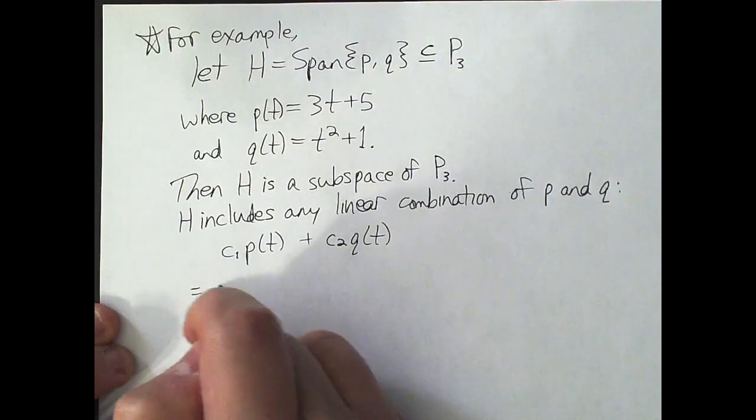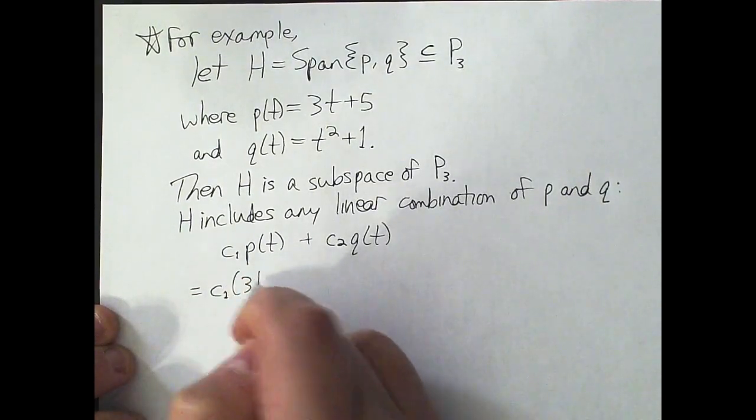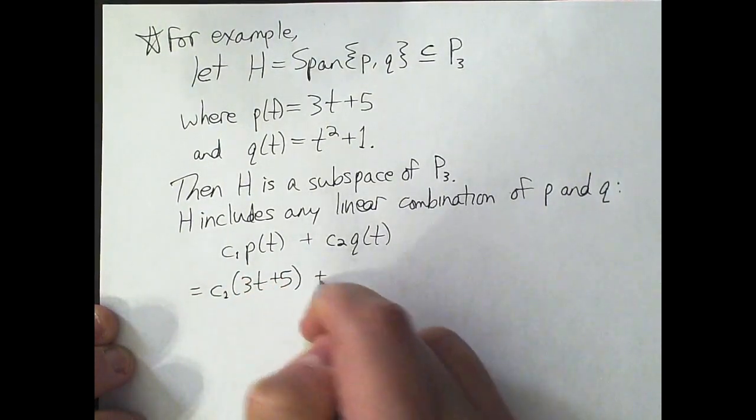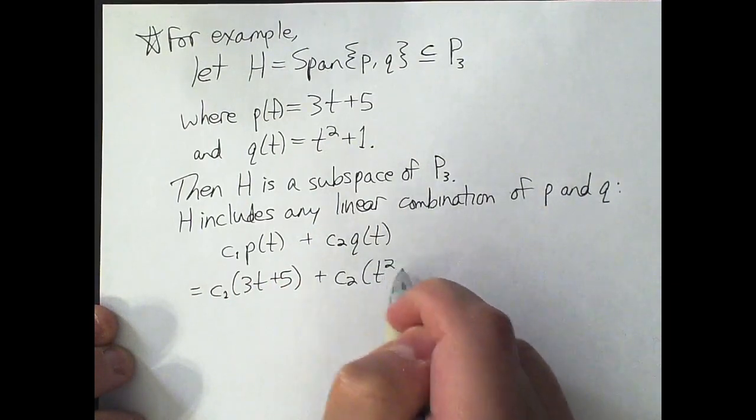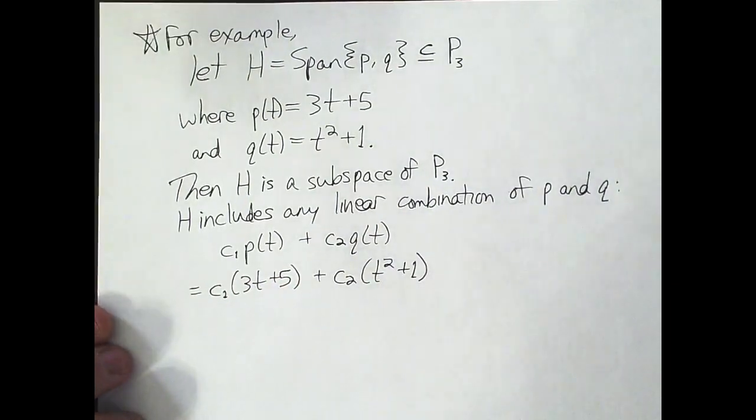I guess you could also write it as C1 times (3t plus 5) plus C2 times (t squared plus 1), because that's what P and Q are.